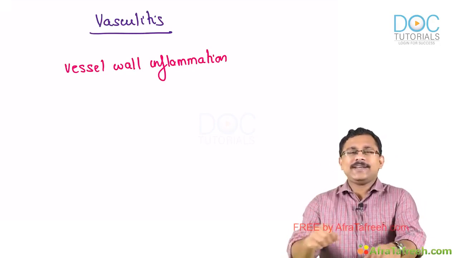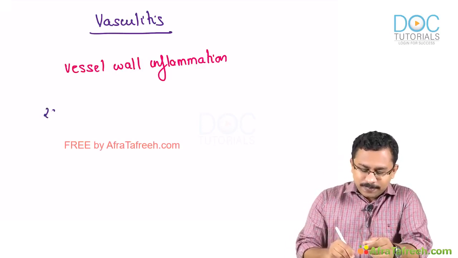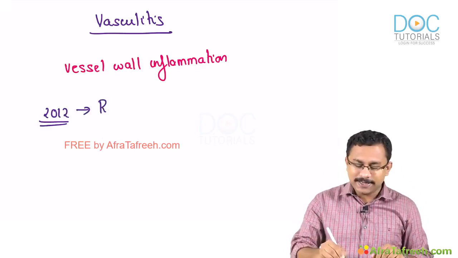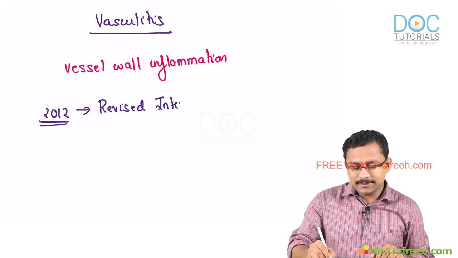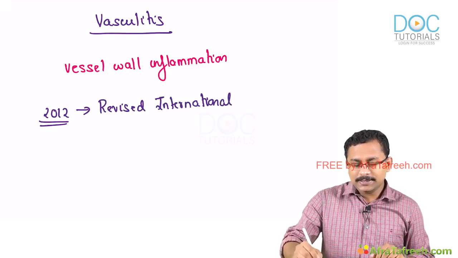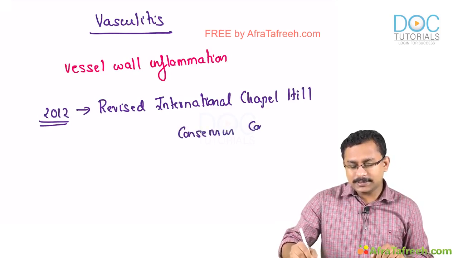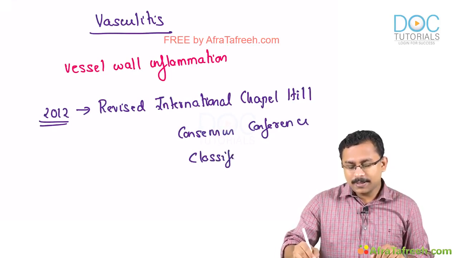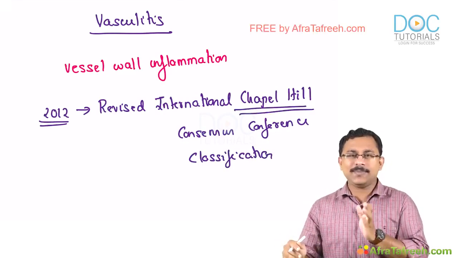Okay, so classification of vasculitis, it was in 2012 that there was a revised classification system, that is the revised international Chapel Hill consensus conference classification. Okay, so this Chapel Hill classification is the one which is accepted worldwide.